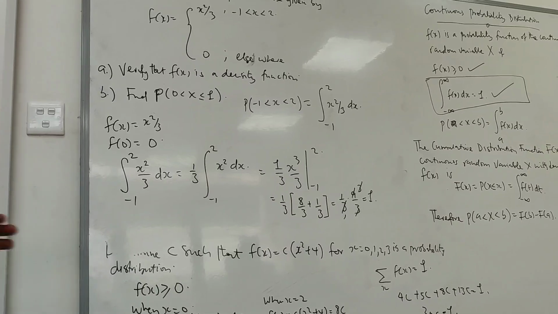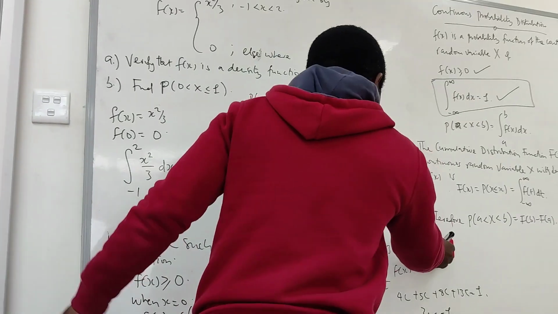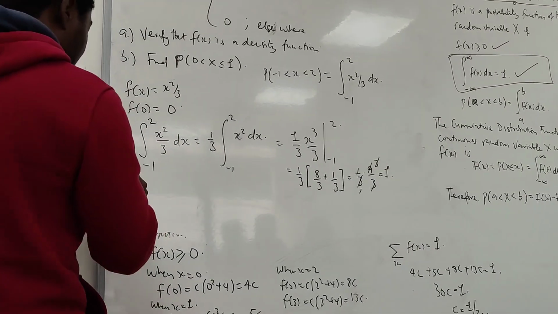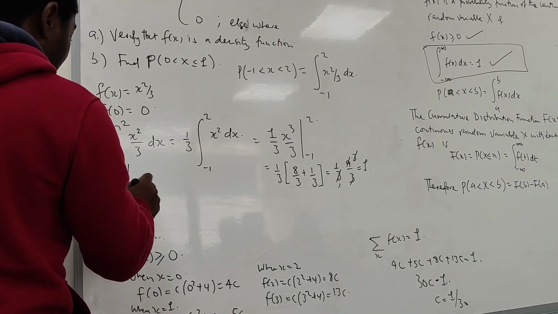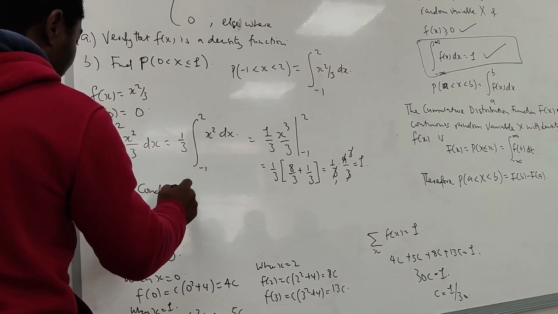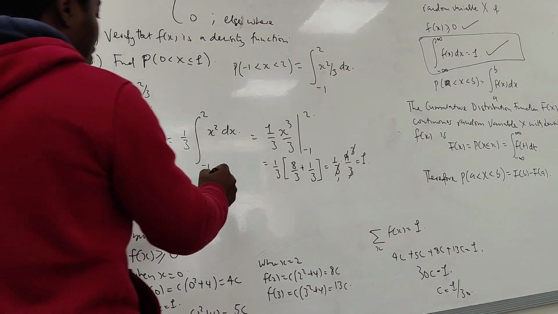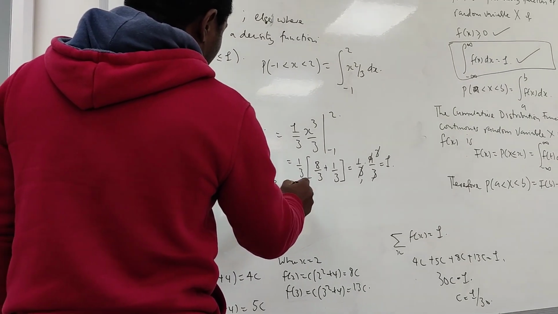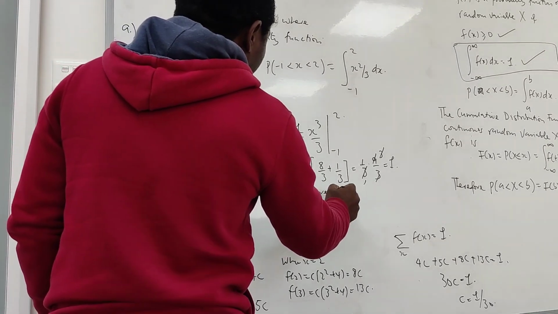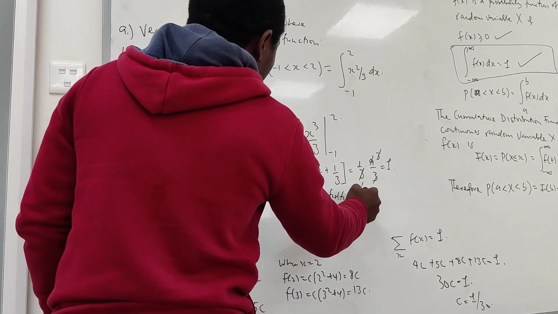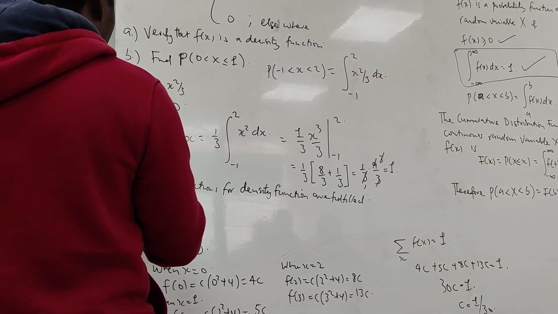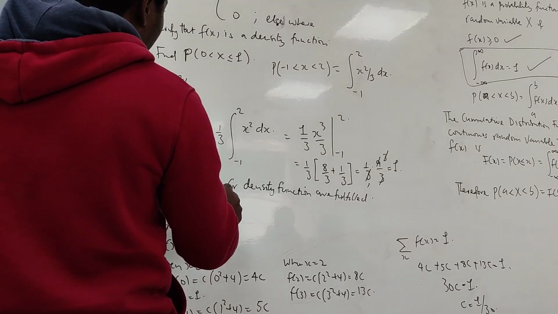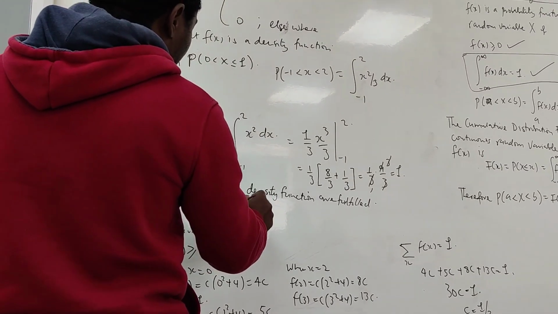After solving and you arrive at 1, you are going to follow it up with a statement that since the conditions for density function are fulfilled, then f of x is a density function.